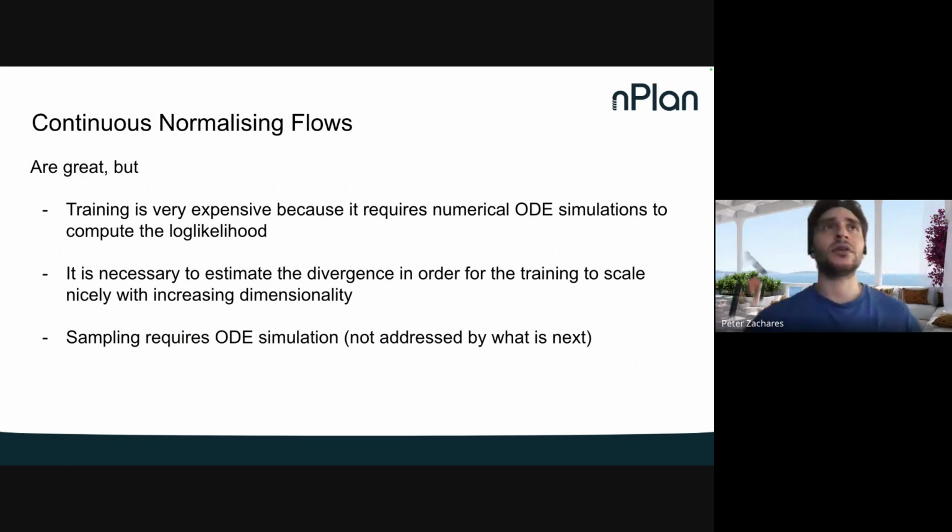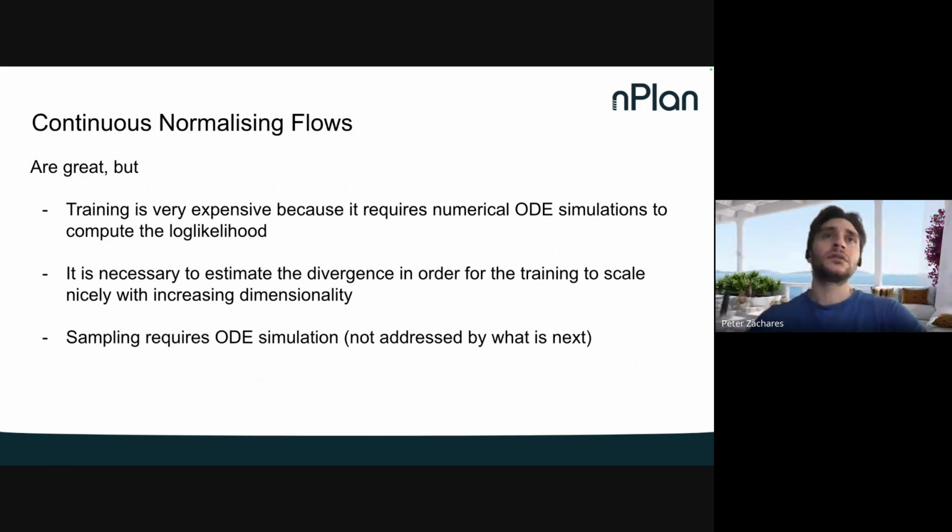And then another issue with this continuous normalizing flows approach is that sampling also requires an ODE simulation, because you need to go from your simple distribution to your complex distribution. That's not addressed with what comes next. They don't really talk about that part of it.